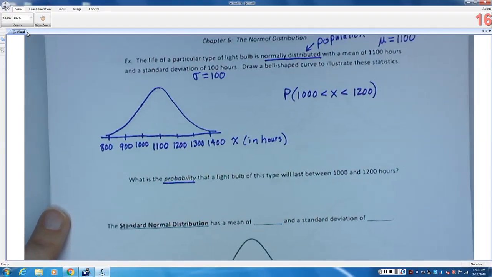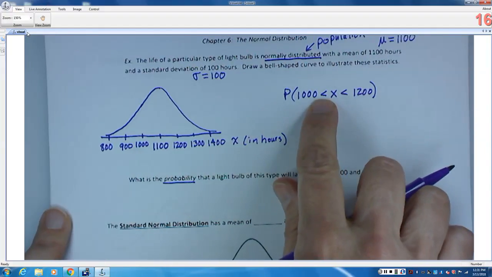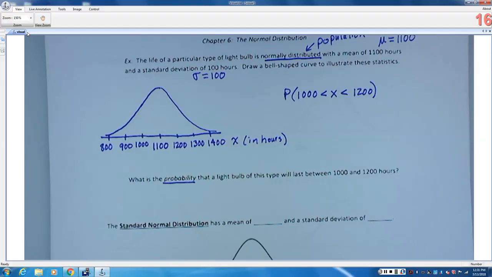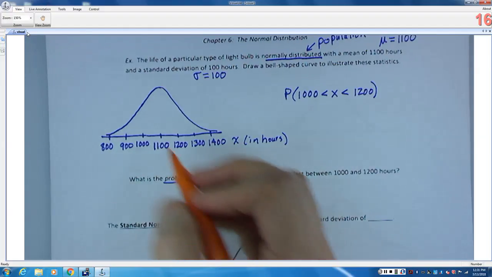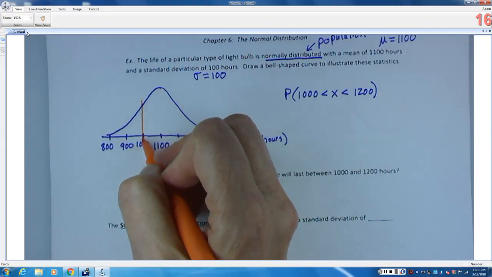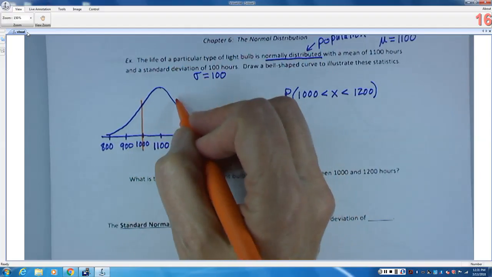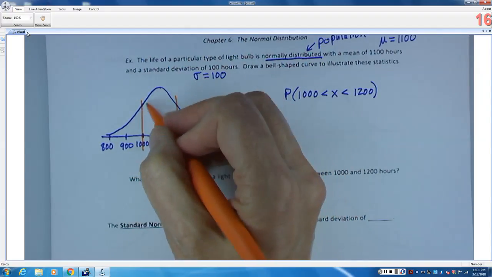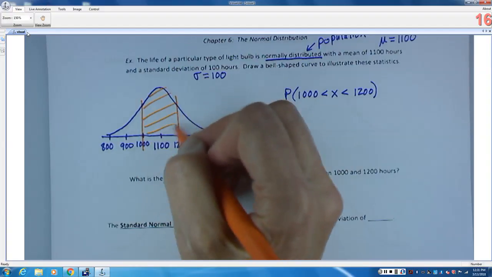That's between. And it doesn't matter the area for 1 point. Let's draw this. So this is 1,000 and this is 1,200. This is the area we're looking for.